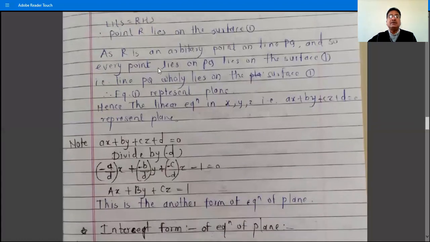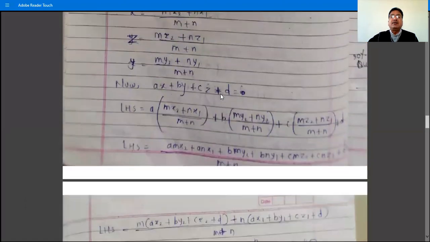Because the property is satisfied for an arbitrary point, it is satisfied for all points on the line PQ, that is, line PQ wholly lies on the surface 1, and therefore equation 1 represents a plane because of this definition.